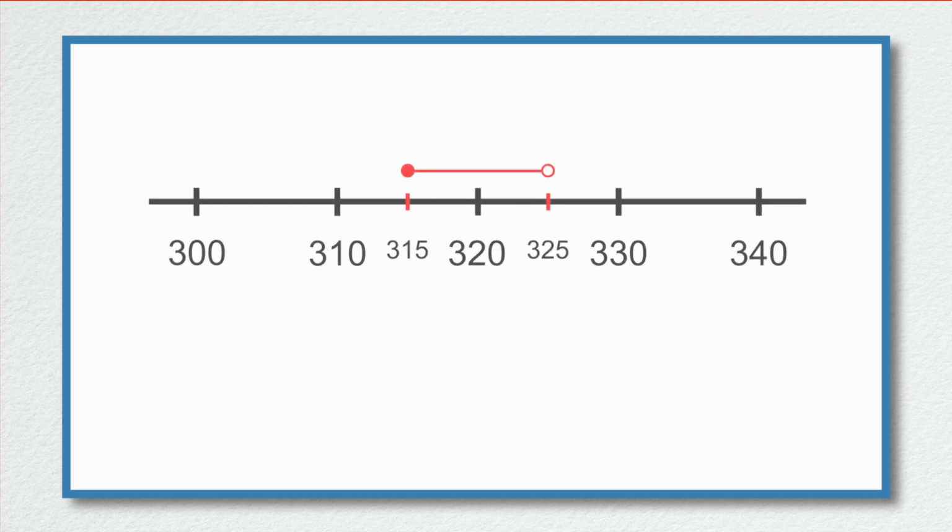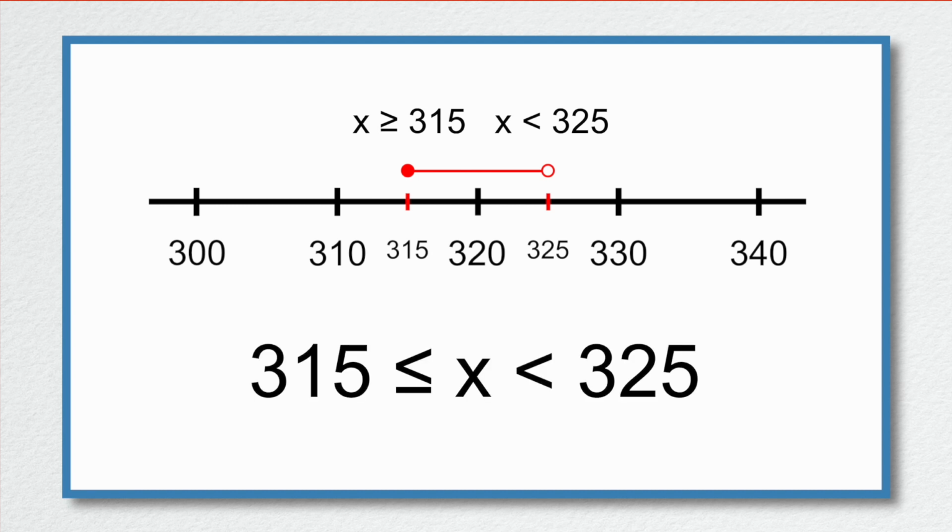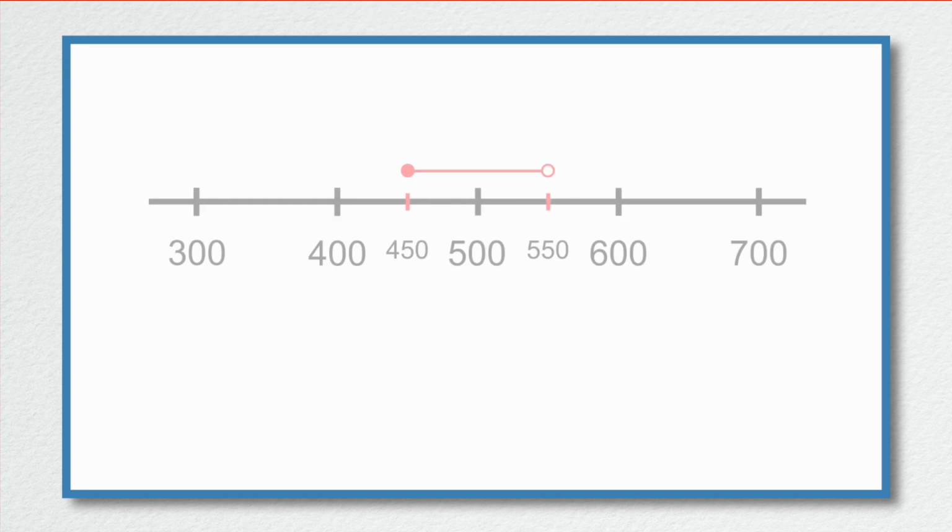And the next example, our limits are 315 and 325. So our lower limit is x is greater than or equal to 315, and our upper limit is x is less than 325. So here's the inequality. And the next one.